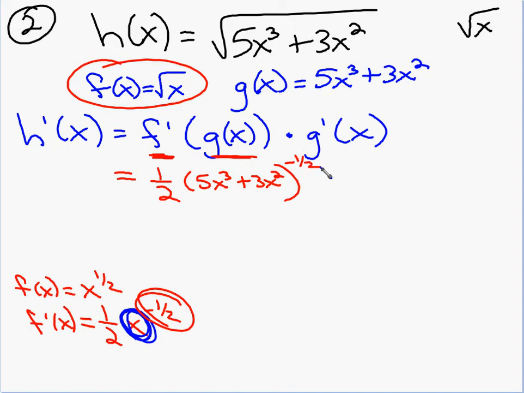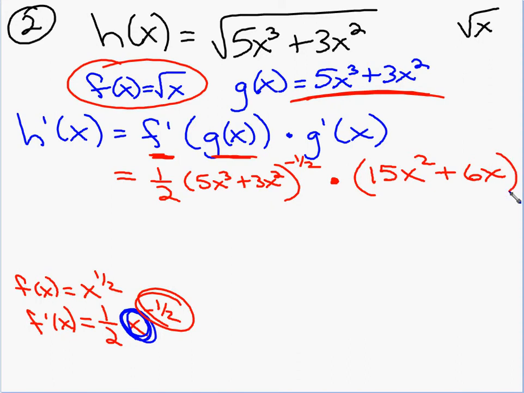F prime g of x. Times just the derivative of g prime. Just the derivative of this. That should be pretty easy. I'm going to put it in parentheses. 15x squared plus 6x.